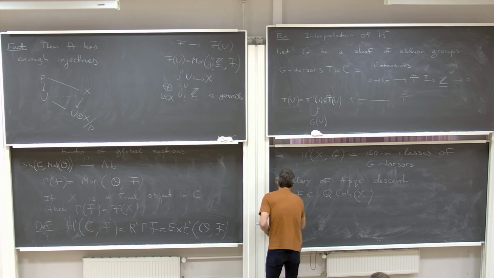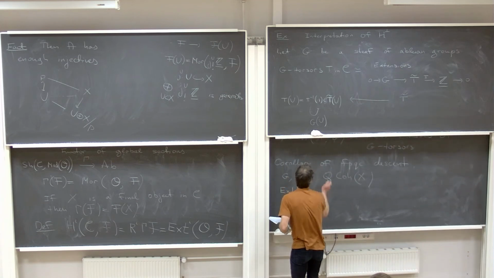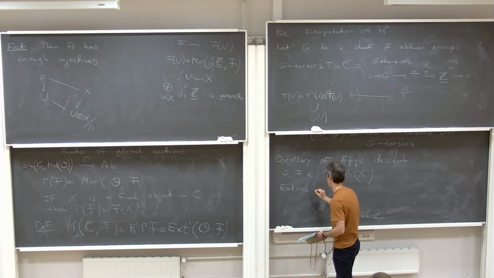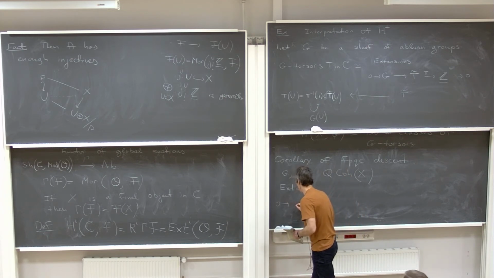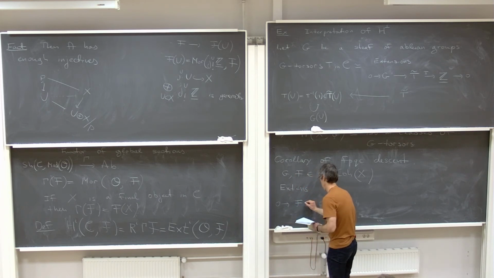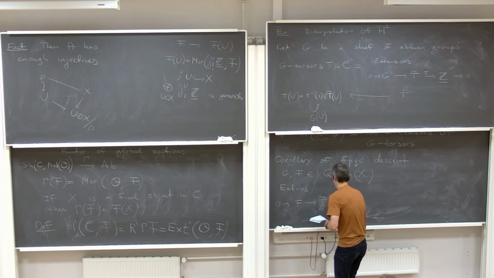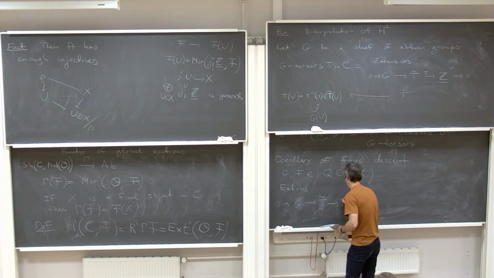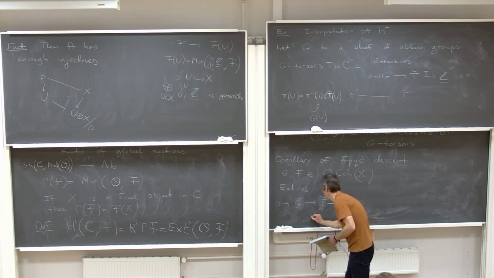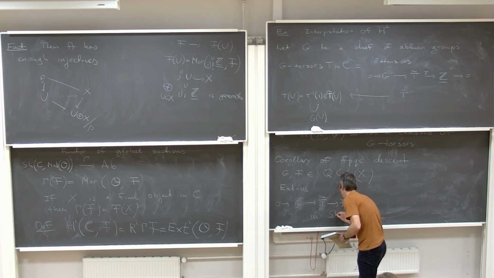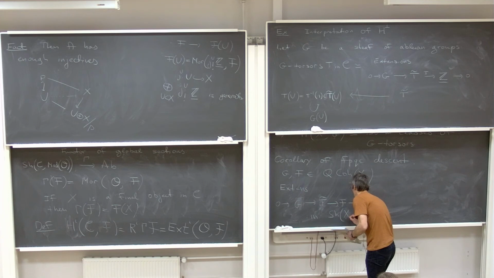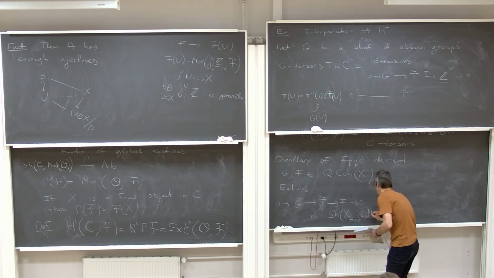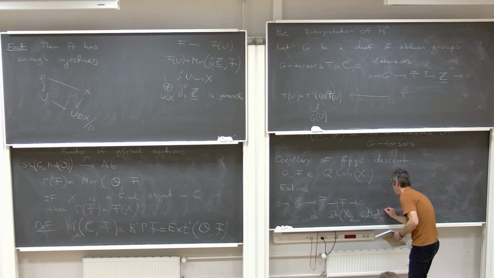Then we have two categories. One is the category of extensions 0, F, T tilde, G, F, in the category of sheaves of modules on X with the Zariski topology, modules over the structure sheaf O_X.